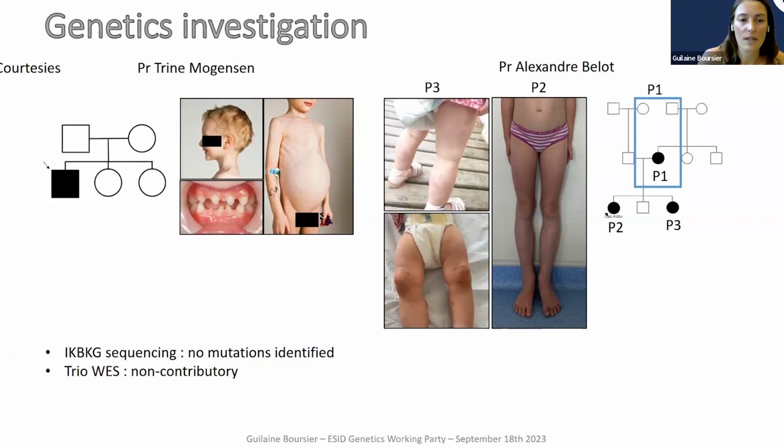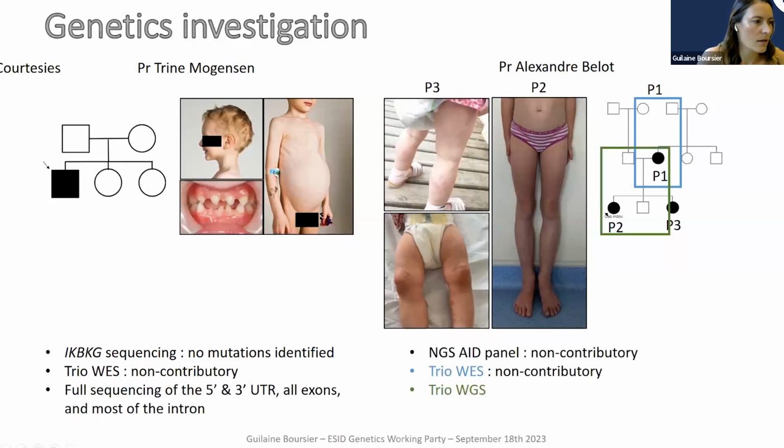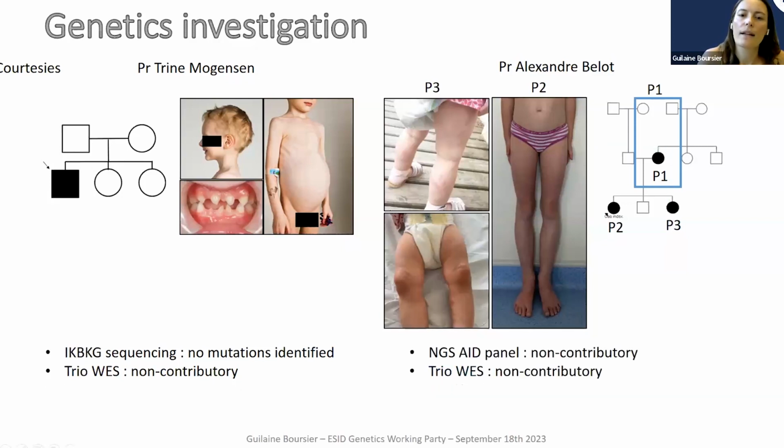Trio whole exome sequencing was not contributory. In the second family, an HID panel was not contributory, and the gene EKBKG was not included in the panel at the time of the sequencing. And trio whole exome sequencing, the trio being the affected mother with unaffected parents, was not contributory.